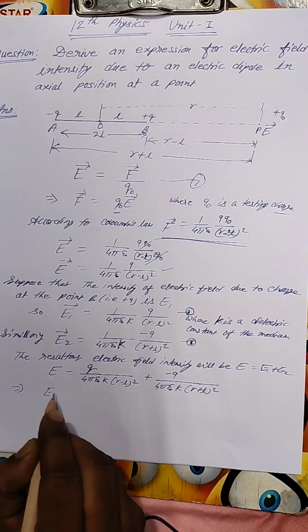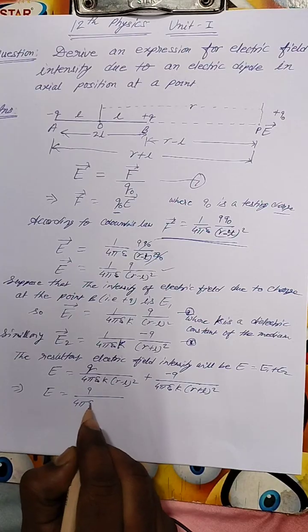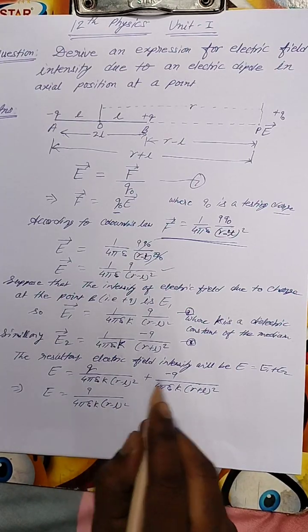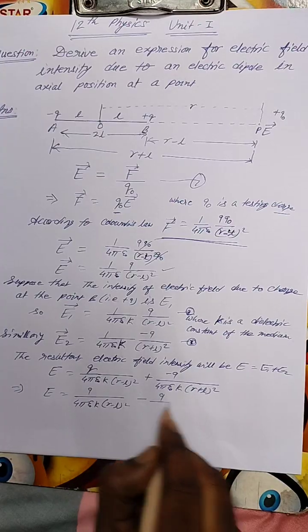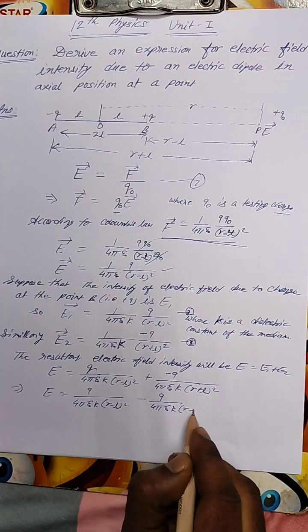This will be 4 pi epsilon 0 K (r minus L) square plus minus 4 pi epsilon 0 K (r plus L) whole square.